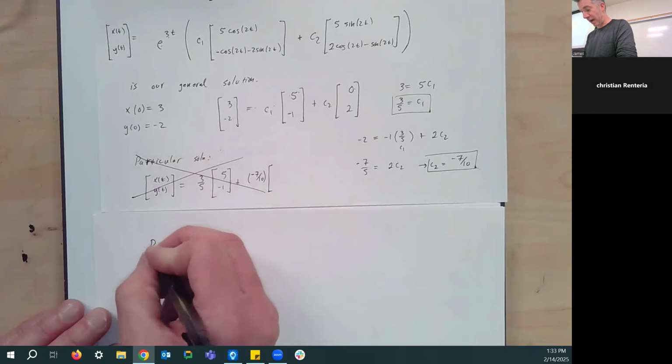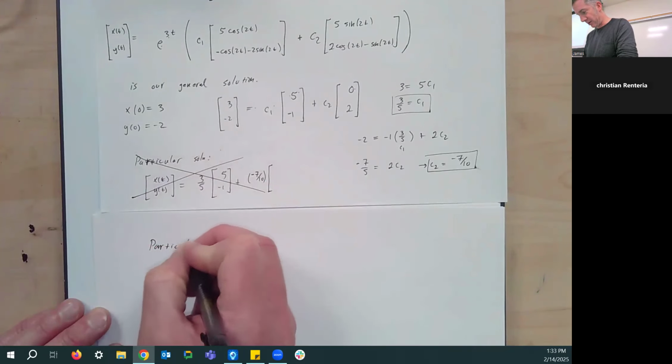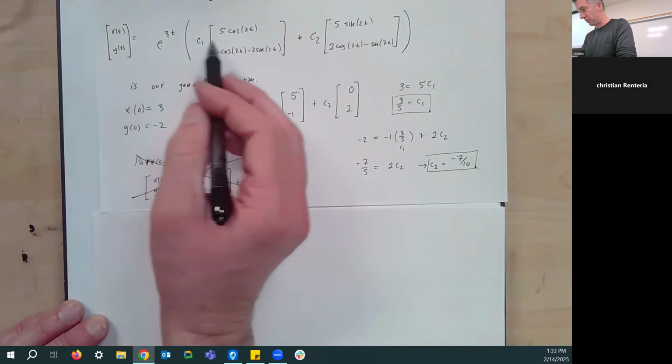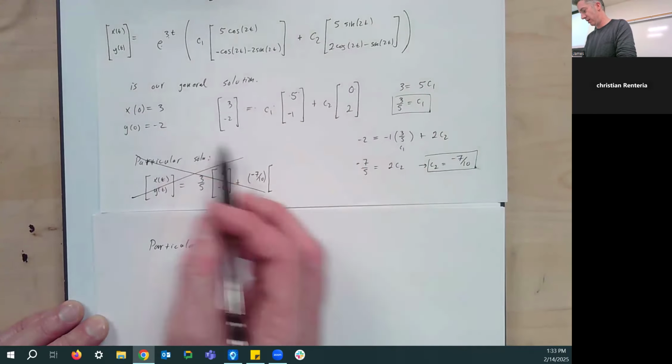Sorry, the particular solution here, plugging our C1 and C2 back into our general solution up there, not into this garbage here.